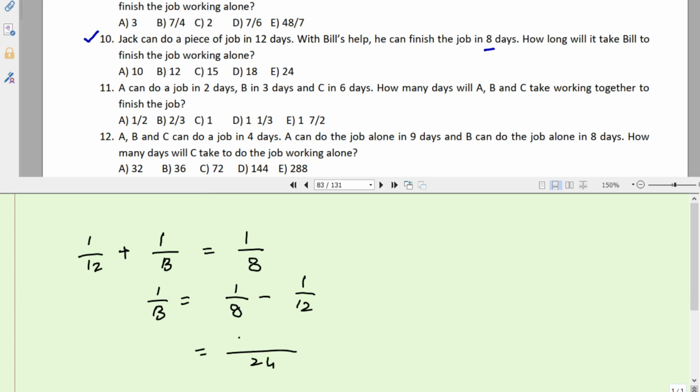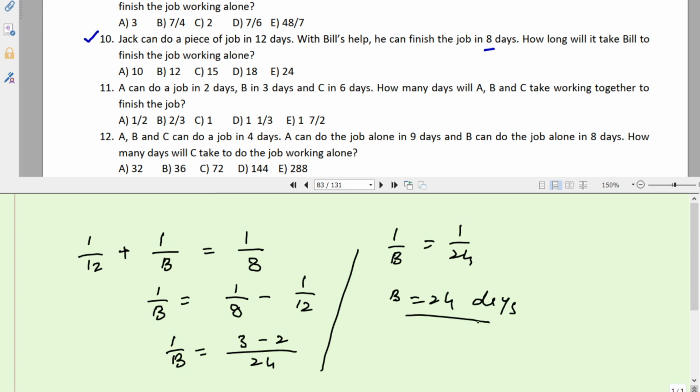You have to multiply with 3 here and with 2 here. That is 1 over 24. So B alone will take 24 days to finish the job. Okay. So the answer to this question number 10 is 24 days.